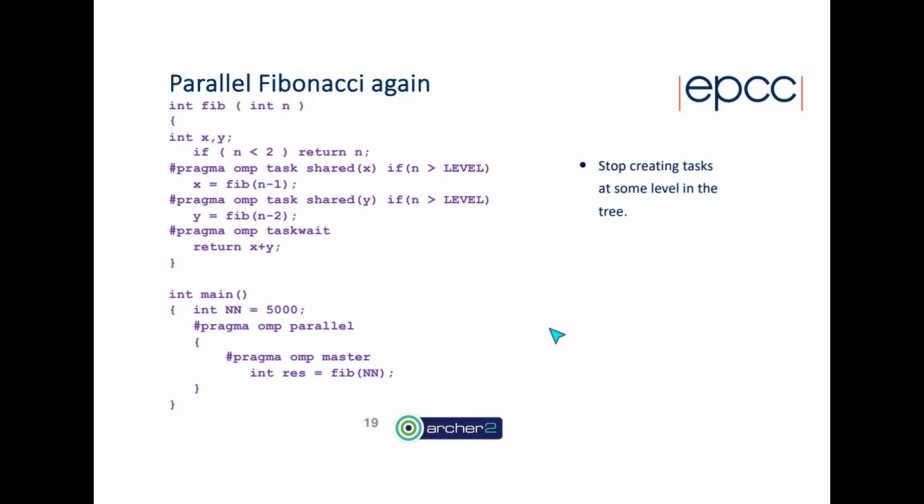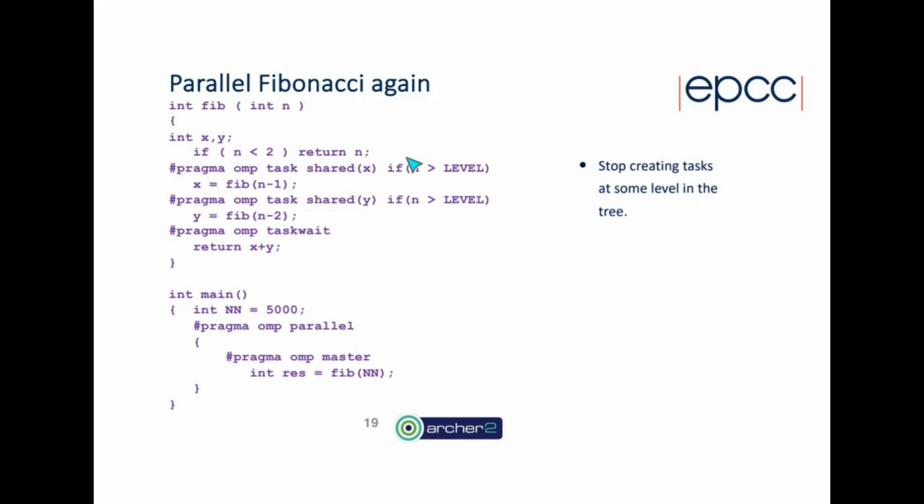Again, for the Fibonacci example, the lowest level tasks have almost nothing in them. So the trick you could do here is, at some level in the recursion tree, you stop creating tasks and just let the recursion unwind sequentially below that point.